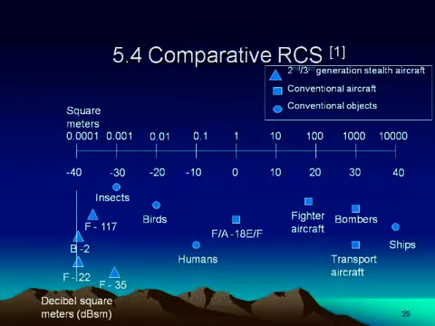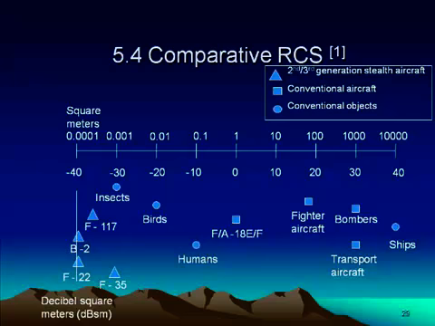In this graph, you can see the RCS values of different day-to-day objects. So with the sizes of 0.301 meter square to 10,000 meter square, we have identified different objects like F-22 bombers, B-2, F-117, and birds, fighter aircrafts, bombers, ships, etc. On one side you have these F-22s giving very low RCS values.